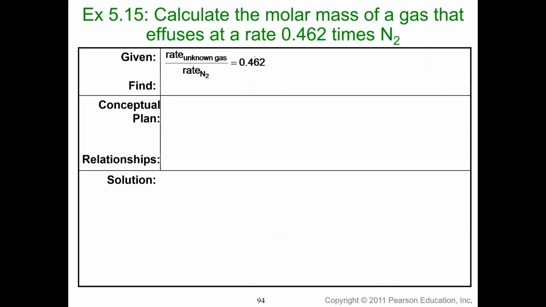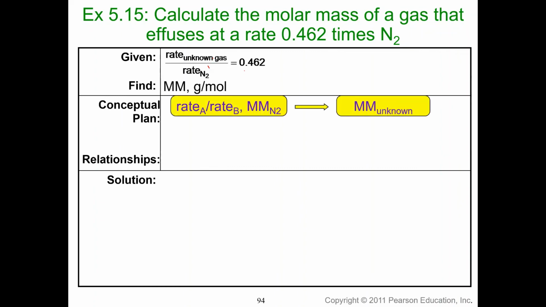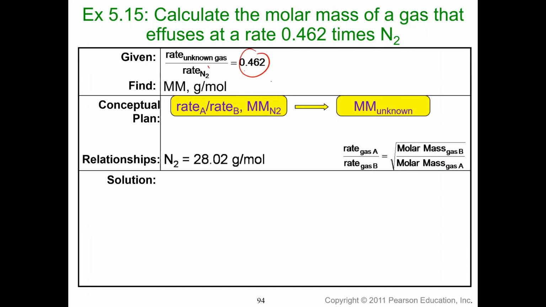Now, what we are looking for is the molar mass of the gas, whatever the unknown is. Because we have the molar mass of nitrogen and we have this information, we can set it up very nicely. Here we have this, and we have molar mass of gas A and B. In this case, one is unknown. So we put the unknown there and try to solve for the unknown.